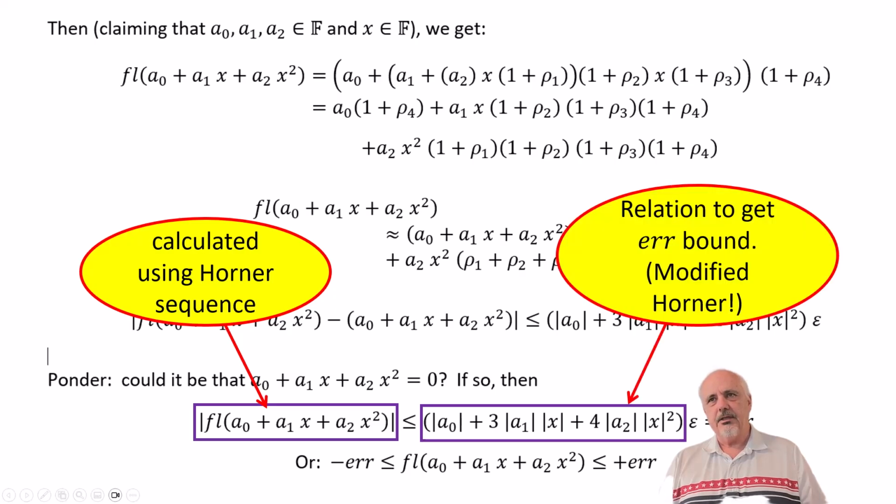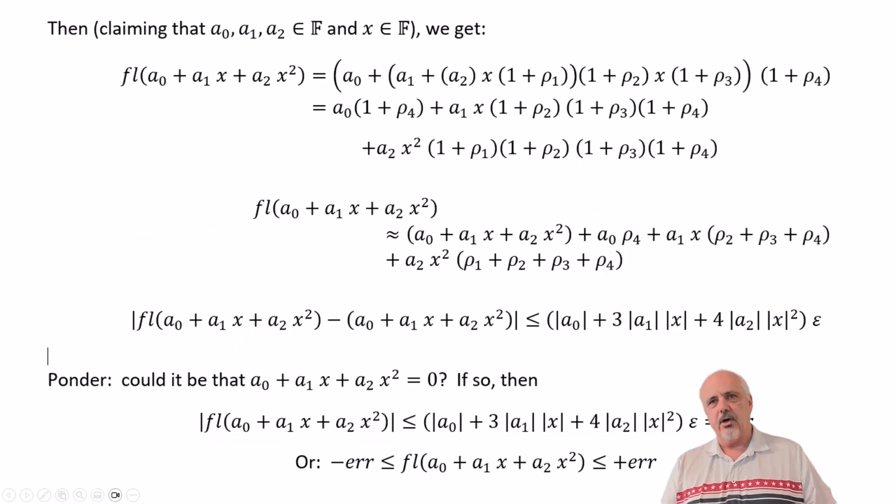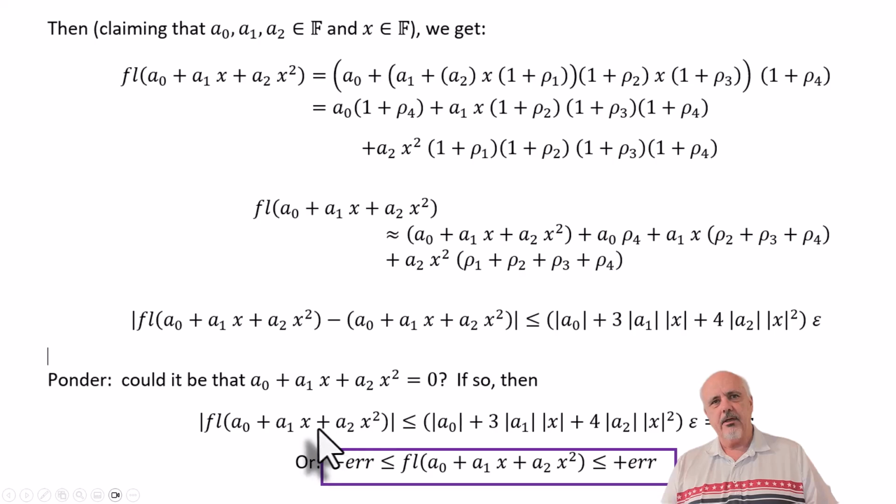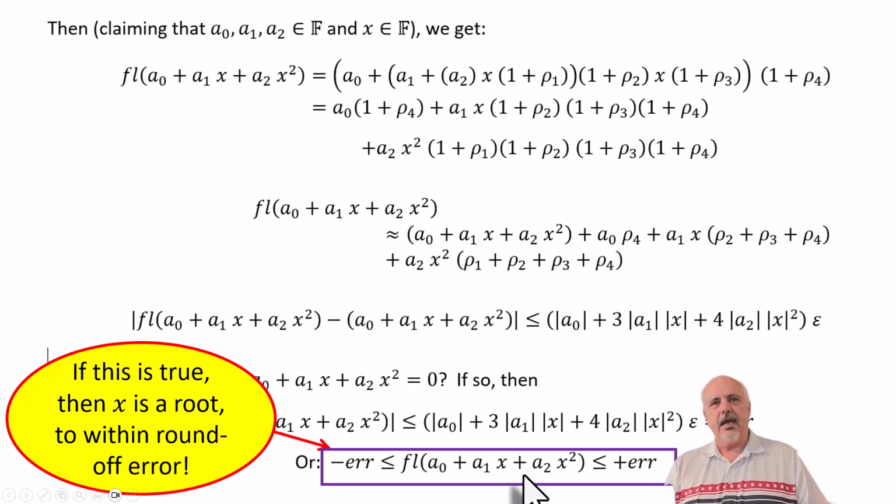And then I can calculate this value using a modified Horner sequence. And I call this an error. So when I take that Horner sequence and multiply by machine epsilon, I call that an error. And I note that when I do the floating point calculation of the polynomial, if that x is a root, if I can declare it as a root to within round-off error, this statement would be true.